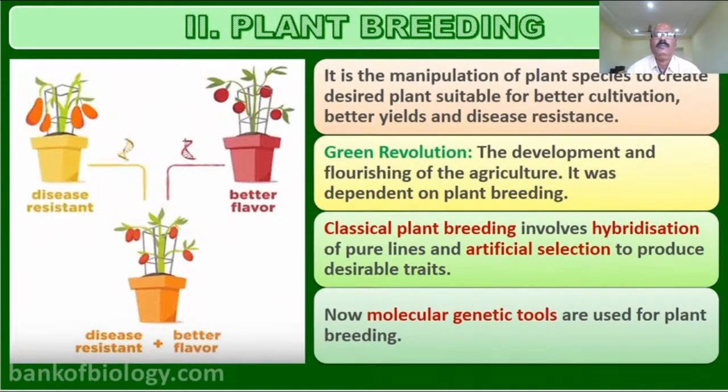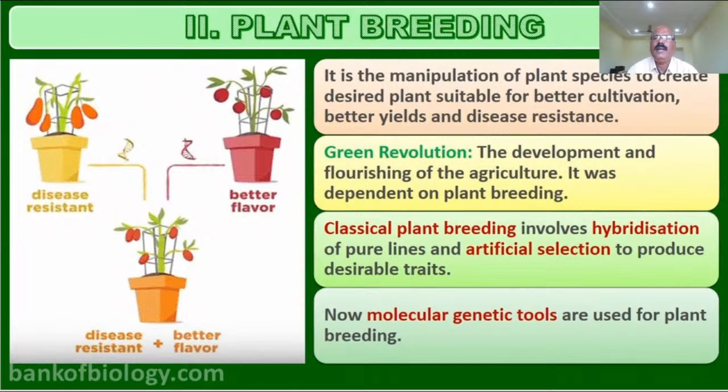Plant breeding is the manipulation of plant species to create desired plants suitable for better cultivation, better yields, and disease resistance. Green Revolution, the development and flourishing of the agriculture, was dependent on plant breeding.